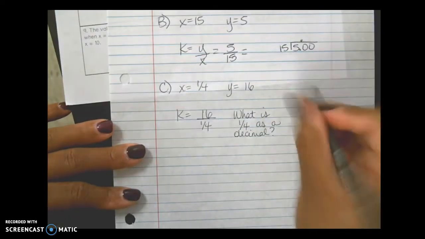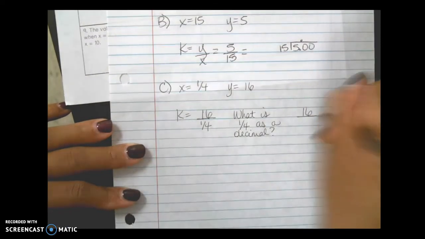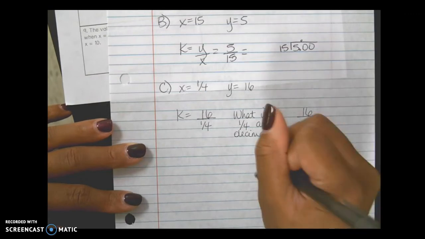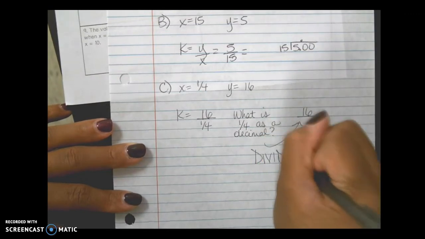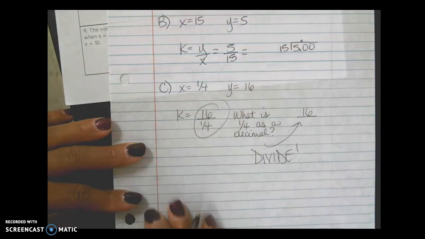Once you find that out, take 16 and divide by that decimal. But what I want to do is change what, because they forget what to do when they get here.